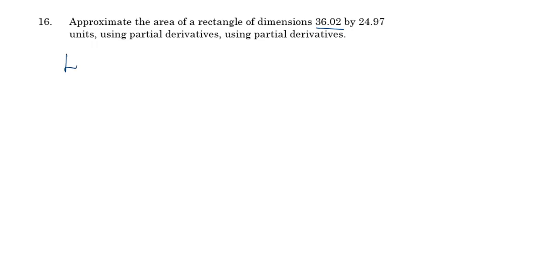Since area is given by length times width, area is just L times W. The length is the one which starts first, which is 36.02, and my width is going to be 24.97.